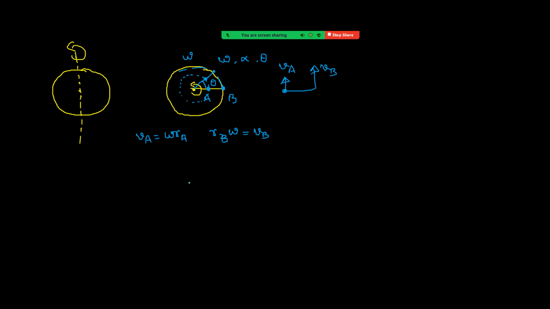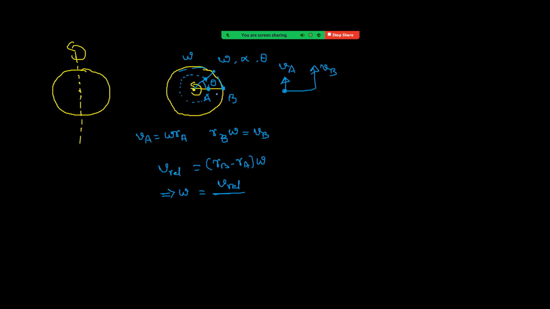If you find the relative velocity, it will be normal to the line joining them. And see that value, how much? It is (RB minus RA) into omega. And from this, omega equals V relative divided by the separation. Here there is no need to mention that it is normal to the line joining them because it is obvious.